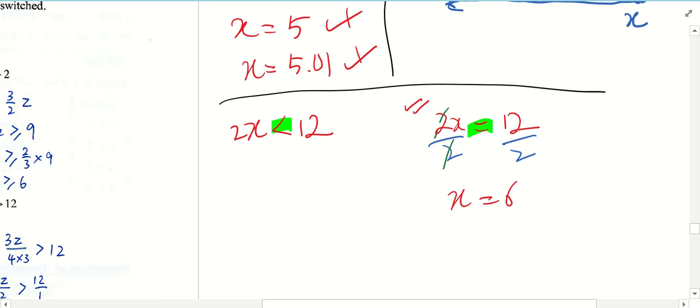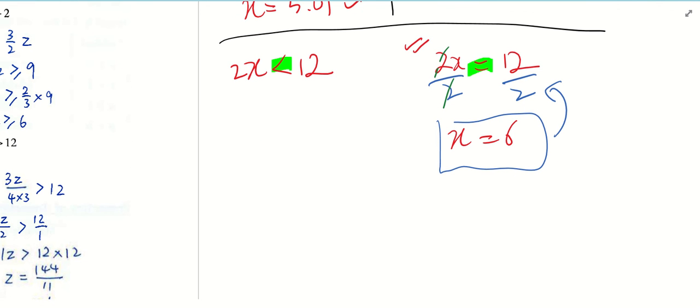So as you can see here, when we have x equals 6, we have a fixed value, or I should say we have only one value for x that satisfies this equation. What do I mean by satisfy this equation? Let's come back to the original equation here, 2x equals 12. If I substitute x equals 6 into it, what do I get?